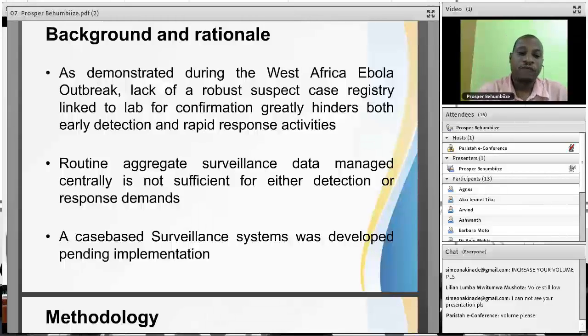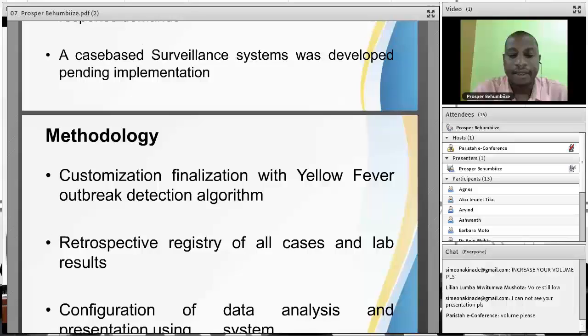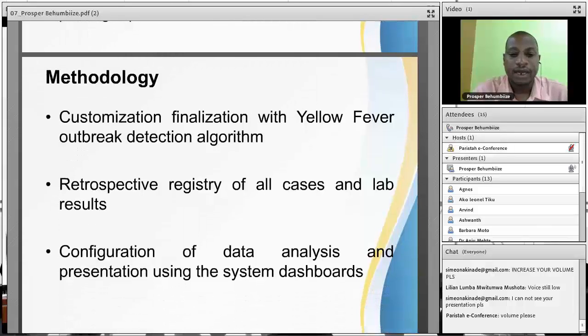What you see most often in many countries are aggregated disease surveillance systems based on weekly reporting, which in most cases is too late to detect outbreaks and manage them. So what this system is all about is to quickly identify the suspected case and quickly link in lab results, allowing the response team to move and control the outbreak.